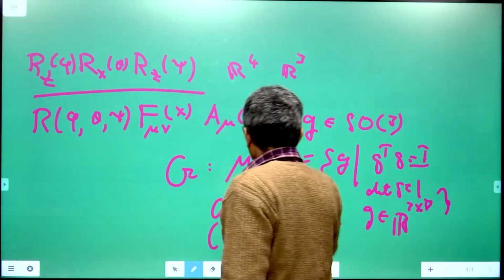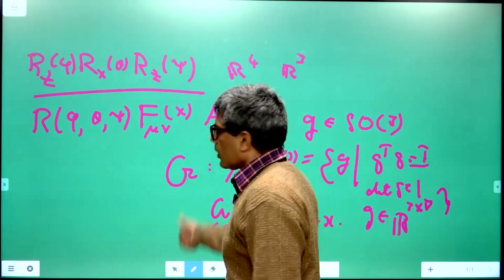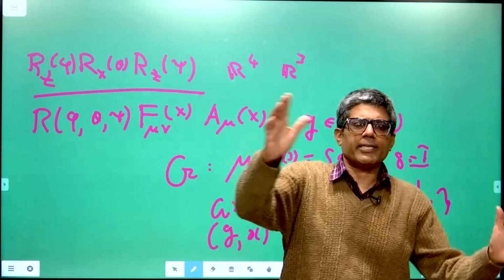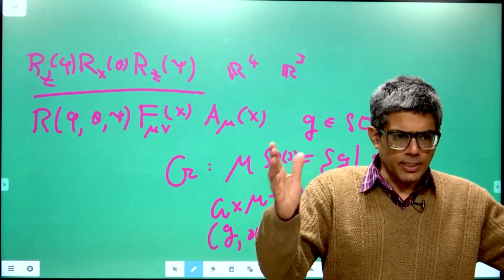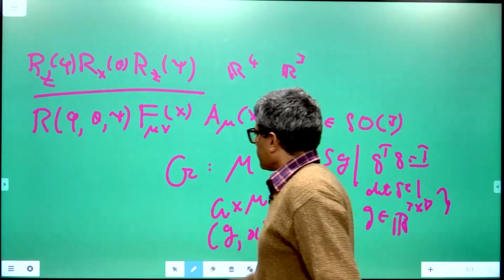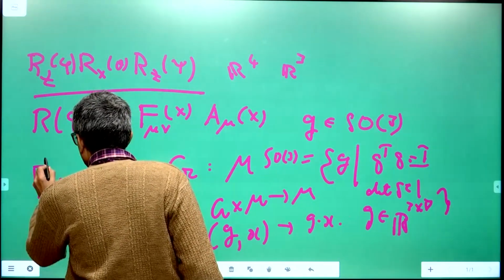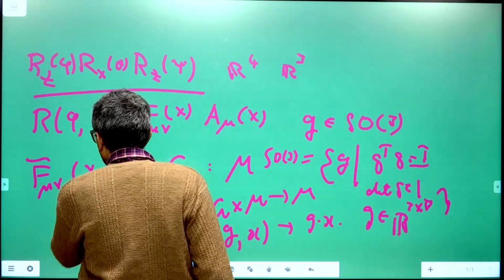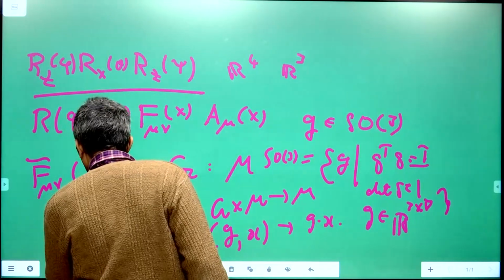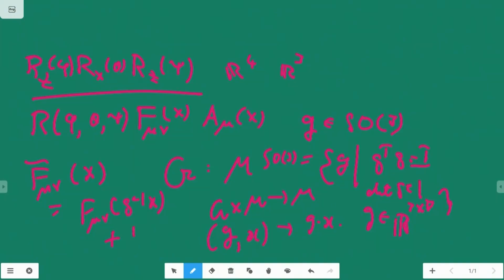Now you apply a rotation to this image field and you do not know what rotation you have applied. You just know that you have applied a group transformation, an element from a transformation group, to the image field, and then it gets corrupted by noise. So the measured image field can be denoted as F mu nu x tilde, which is nothing but the rotated version of the original electromagnetic field plus a noise term W mu nu x.